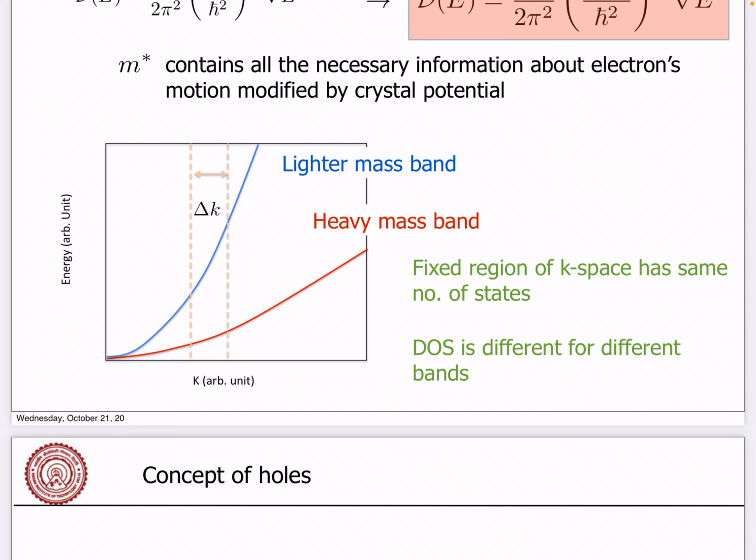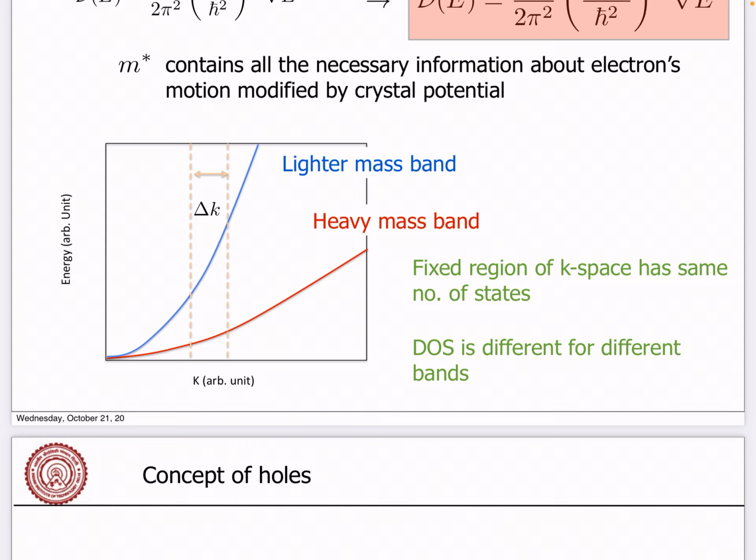So for the same width of k space, delta k, the delta E on the y-axis is much larger for the blue curve. Since the number of states is the same for both, the density of states for the red curve will be much larger than for the blue curve.